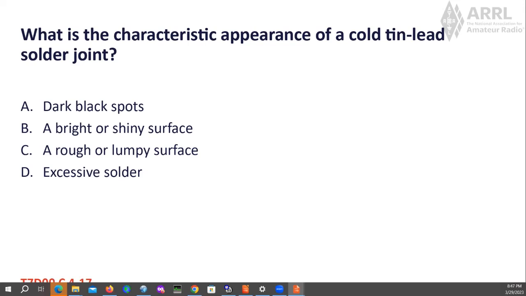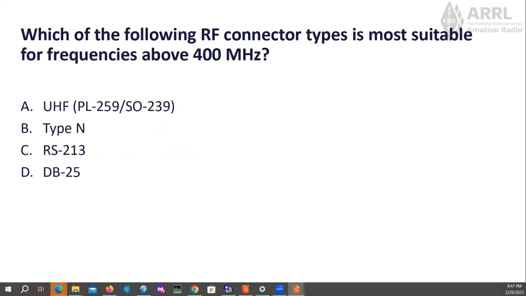And the answer is C, a rough or lumpy surface. And those are corrected by remelting them. Which of the following RF connector types is most suitable for frequencies above 400 megahertz? The answer is B, type N.